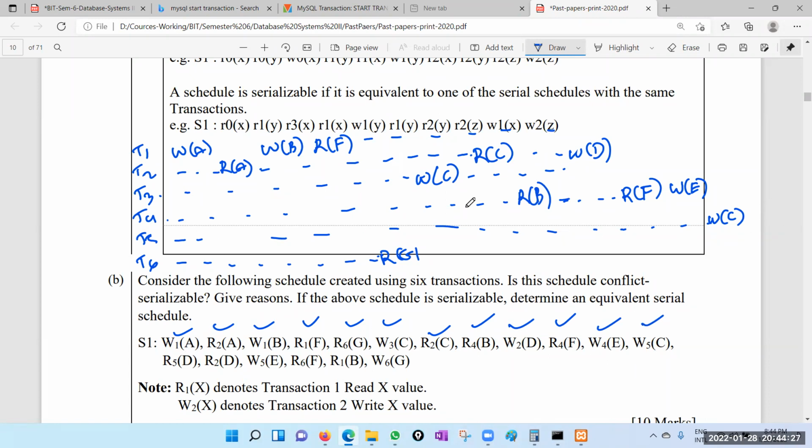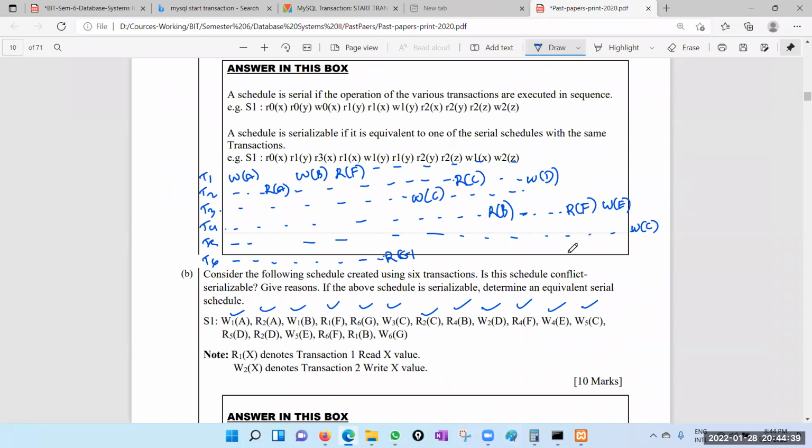Right. So then read 5D, read D. Read 2D.